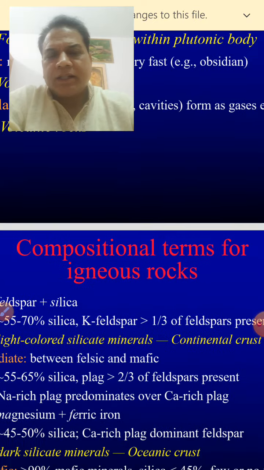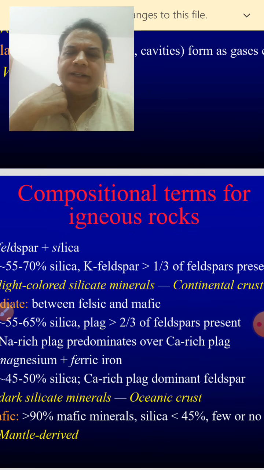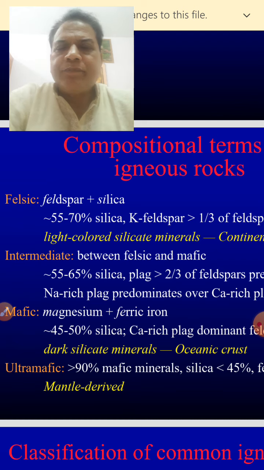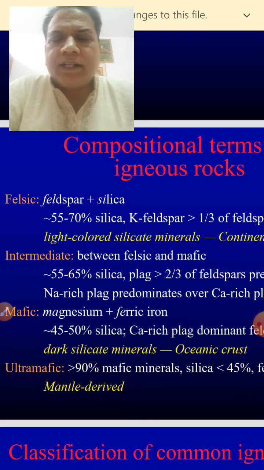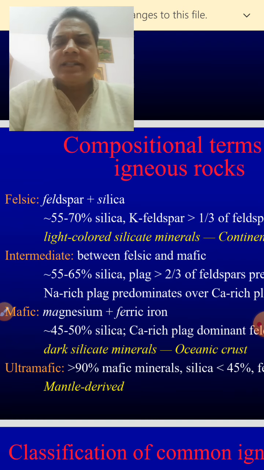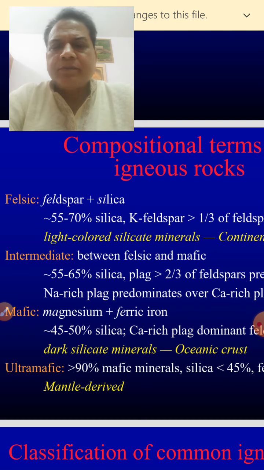Now the compositional terms for igneous rocks. Once we say felsic, felsic means feldspar and silica. As the name suggests, that rock is feldspar and silica dominated, having fewer mafic minerals.